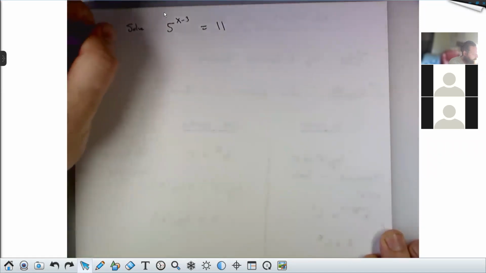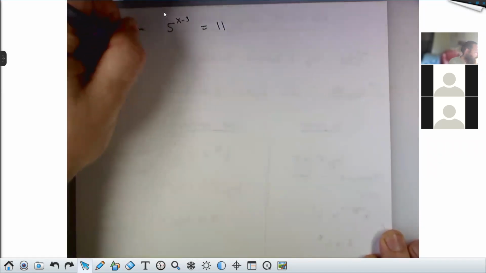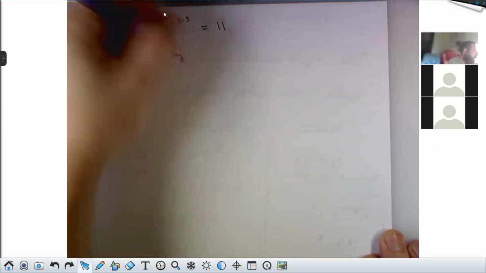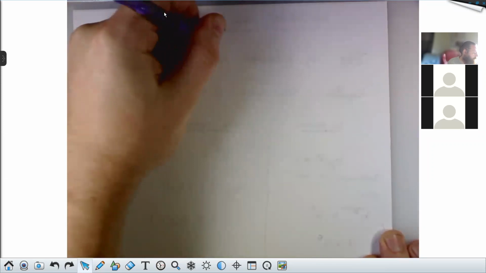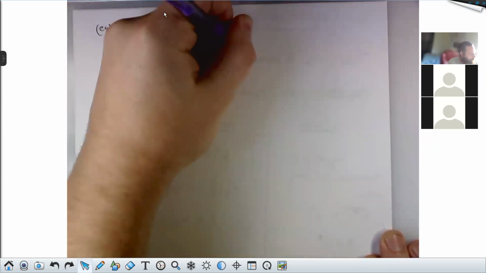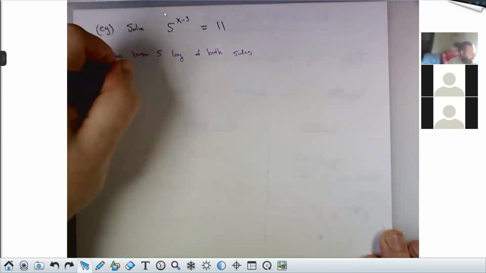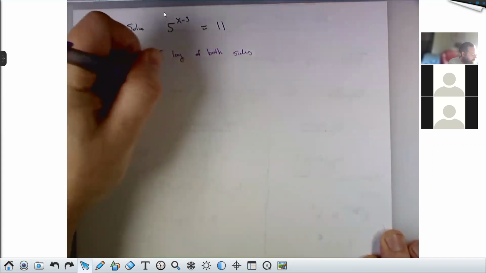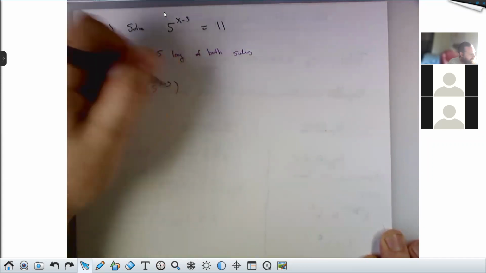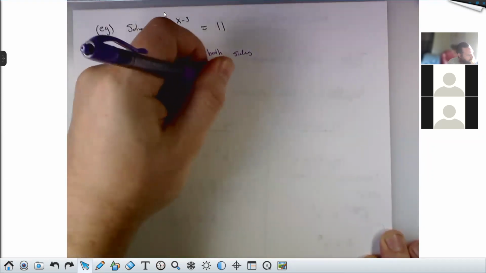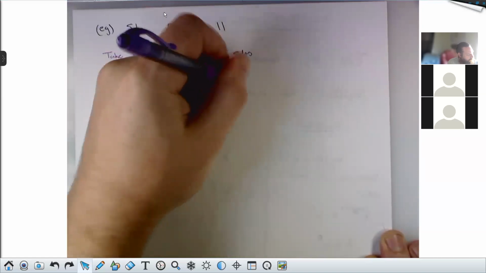So we're going to take base 5 log of both sides. This will give me the base 5 log of 5 to the x minus 3 equals the base 5 log of 11.